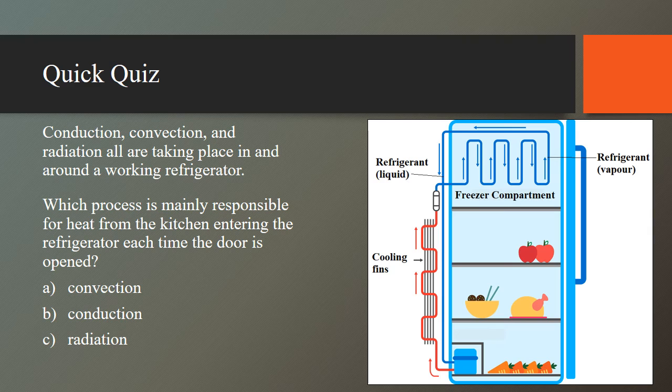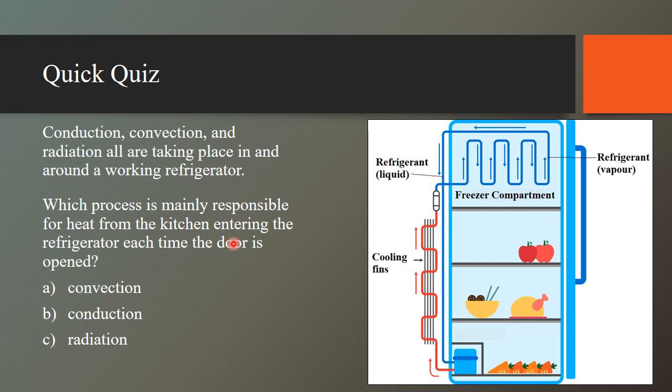The working of a refrigerator is shown in the picture on the right side. All three heat transfer mechanisms are taking place around the refrigerator. You may have noticed the cool air that touches you when you open the door of a refrigerator.